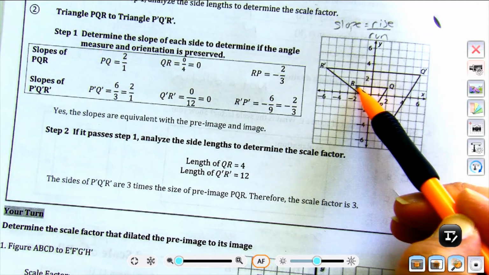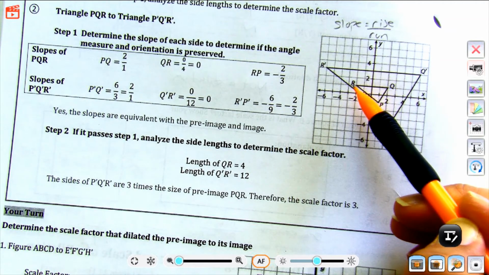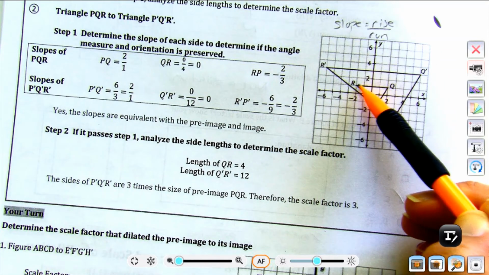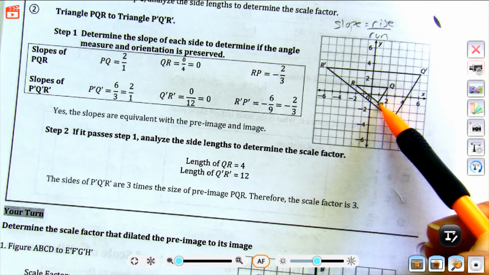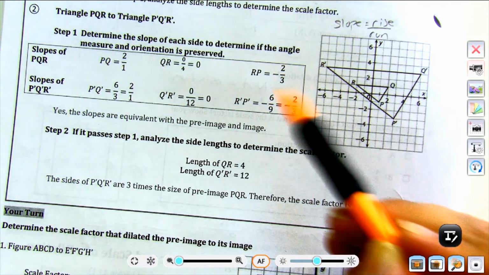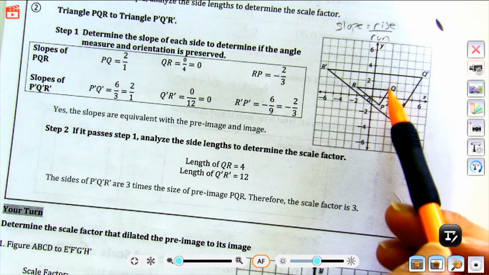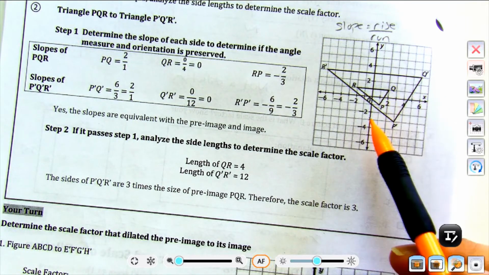So we go down 2 and then over 3. So we get negative 2 over 3. And then we do the same thing for the image sides. Let's look at P prime, Q prime, this one, this one.